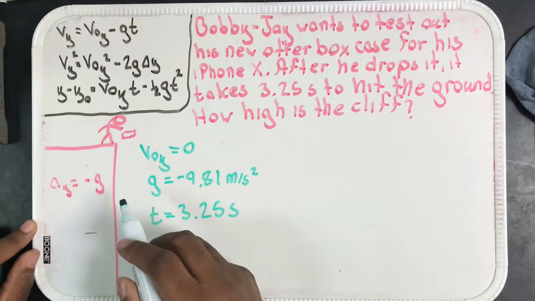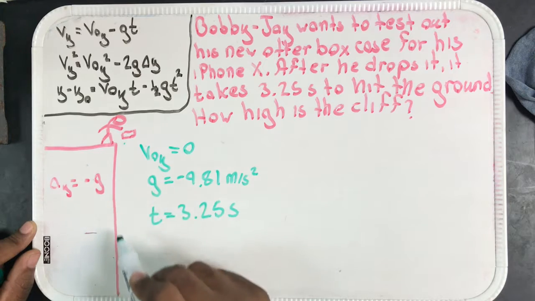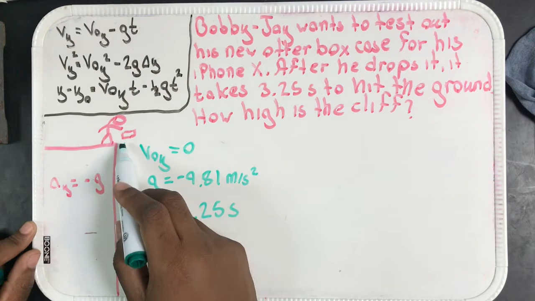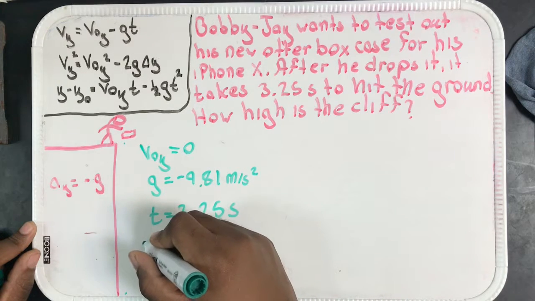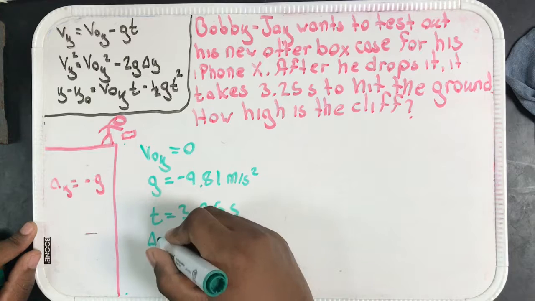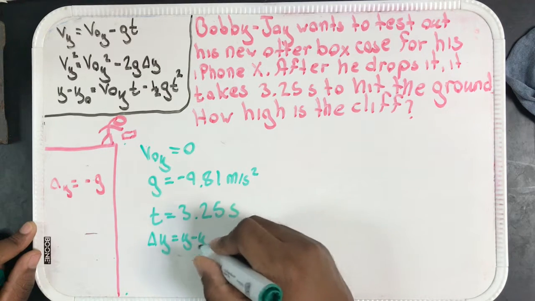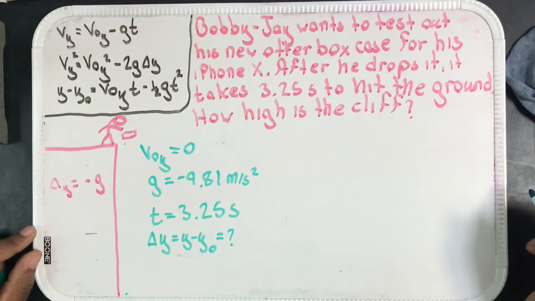And we can pick this to be our 0 point, and we can pick here to be our final height, or we could pick here to be our final height, or we could pick here to be our 0 point. But for the sake of this, I will just write delta y, which is equal to y minus y naught. That's what we're trying to find, okay?